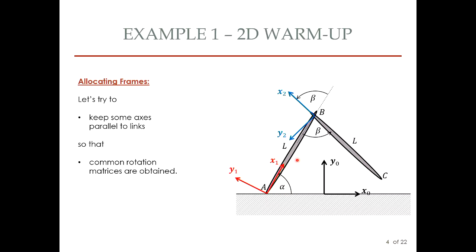Another tip is to have one axis going along the joint about which the link is rotating. So in this case, axes Z1 and Z2 are parallel to the joint axis. If you think about it, the joint axis for these links.